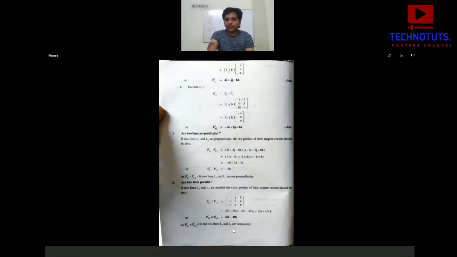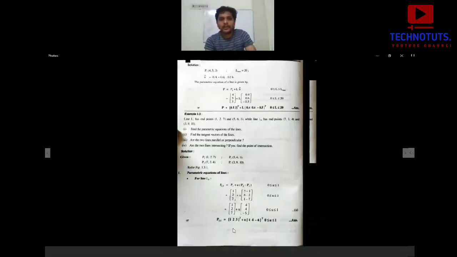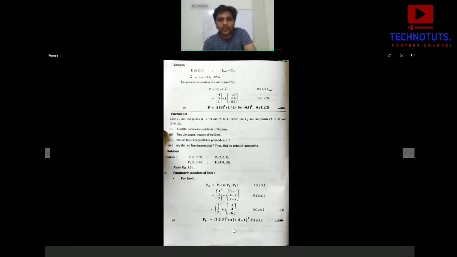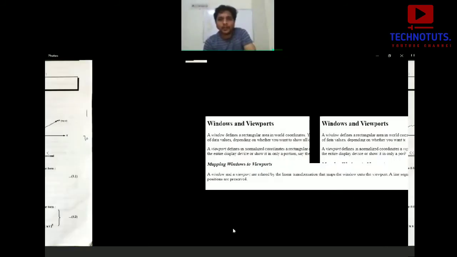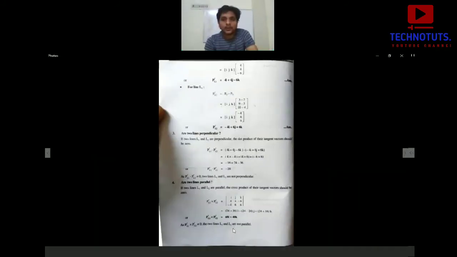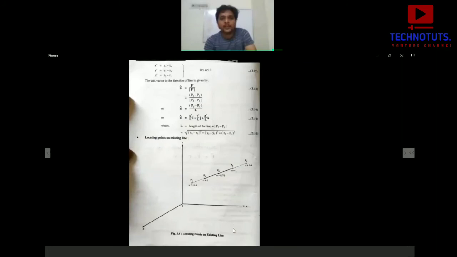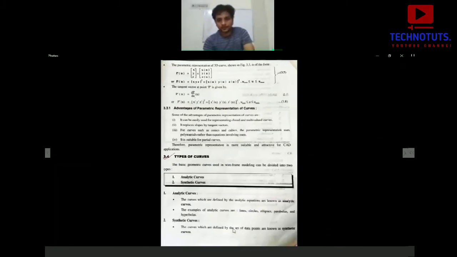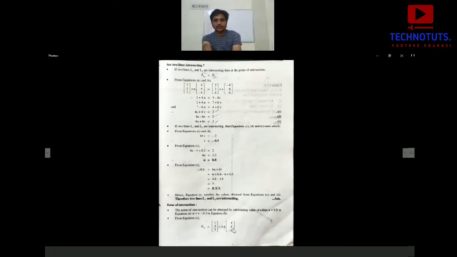Okay. Also, we need to find out whether the two lines are intersecting lines or not. So, for determining whether the two lines are intersecting or not, let us find out the point of intersection. If you find the point of intersection, you can know whether the two lines are intersecting or not.